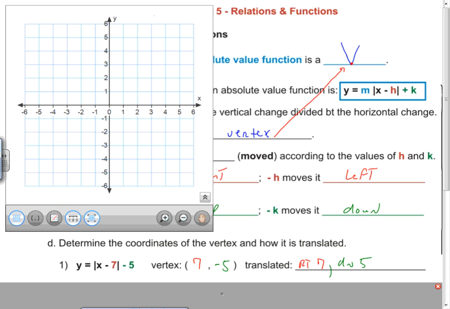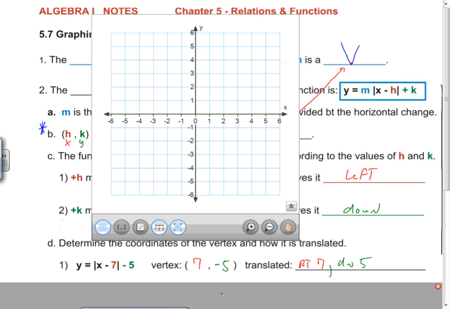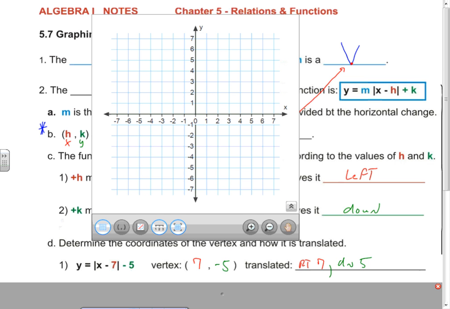Okay. So if I were to graph this function, y equals the absolute value of x. That's it. Can anybody tell me what the value of h is? Y equals the absolute value of x.